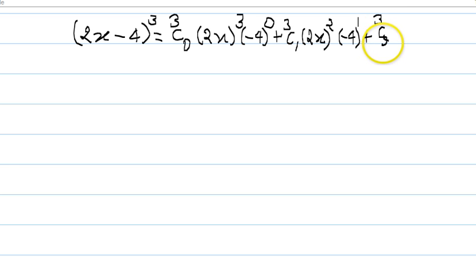So I'm writing 3C2. The power of the first term, which is 2x, will be the difference of superscript and subscript, so I will write 1 here. Then the second term, which is minus 4, takes a power the same as the subscript, so the power of the second term will be 2.